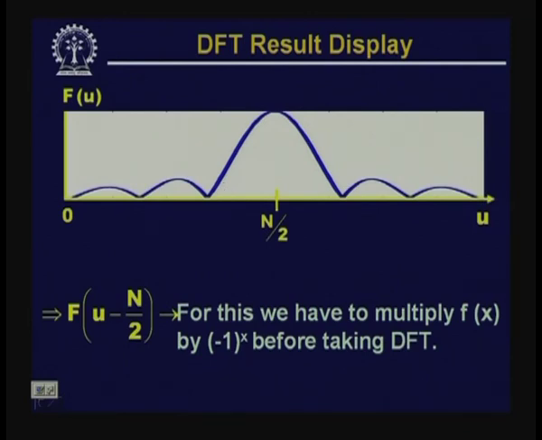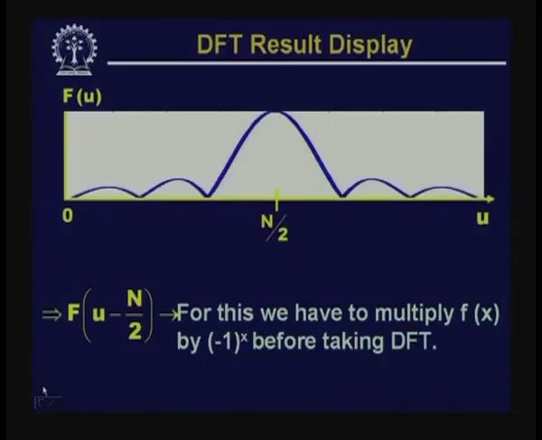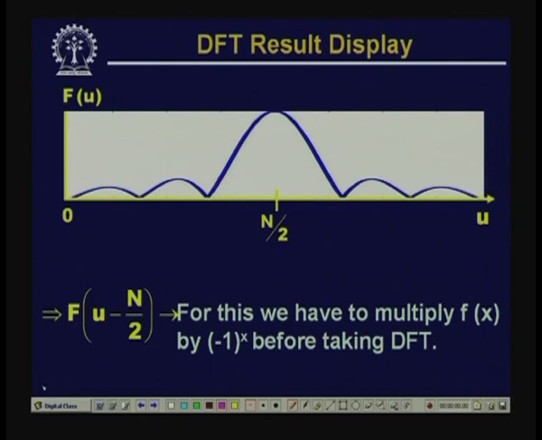So, every f(x) has to be multiplied by minus 1 to the power x, and if you take the DFT of this result, we get the Fourier transformation coefficients in this particular form. This comes from the shifting property of the inverse Fourier transformation. So, this operation we have to do if we want the proper display of the Fourier transformation coefficients.